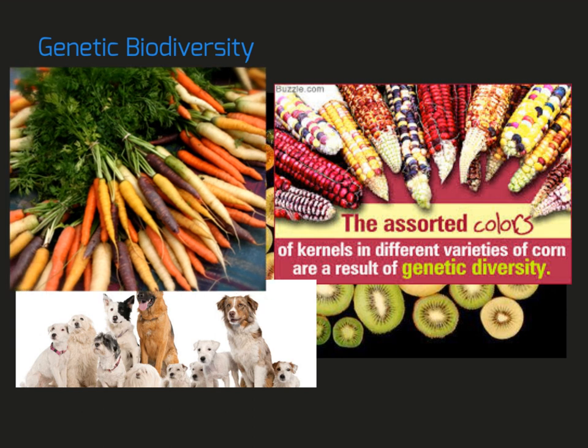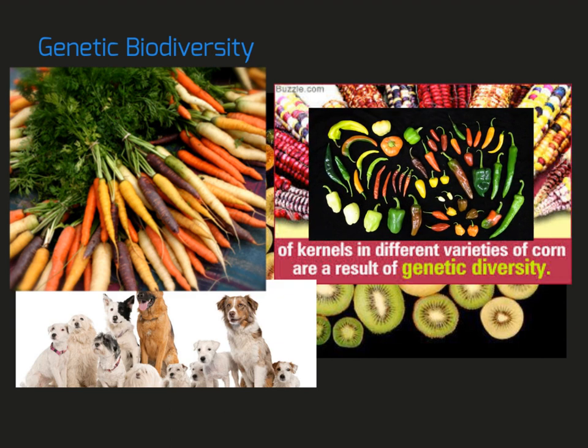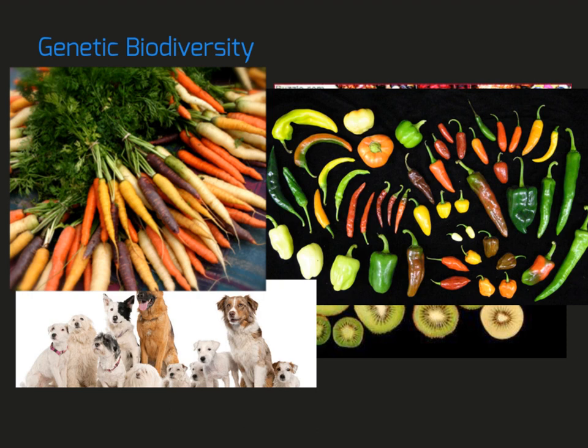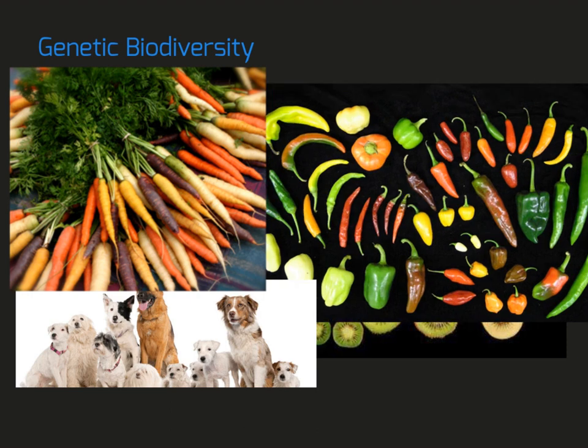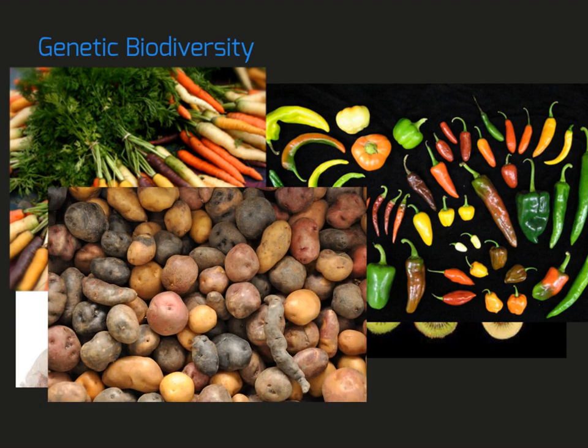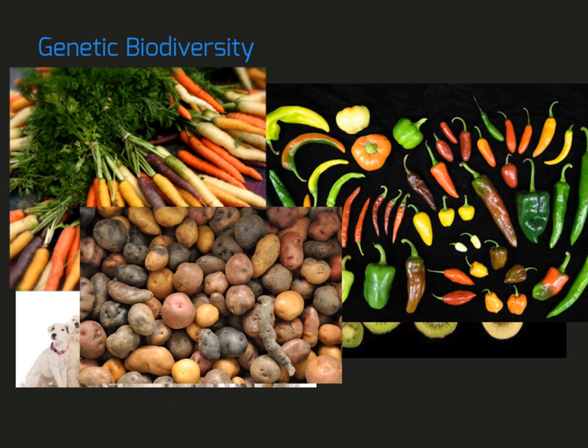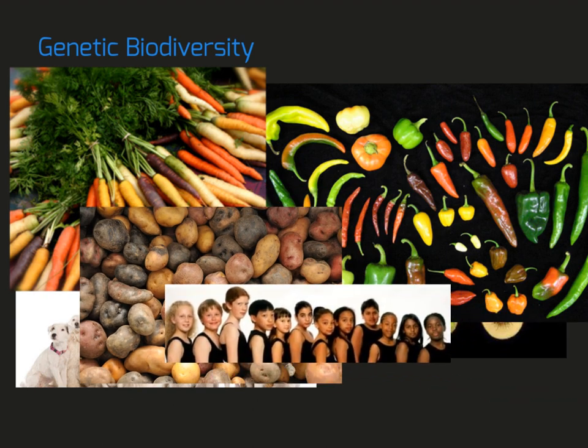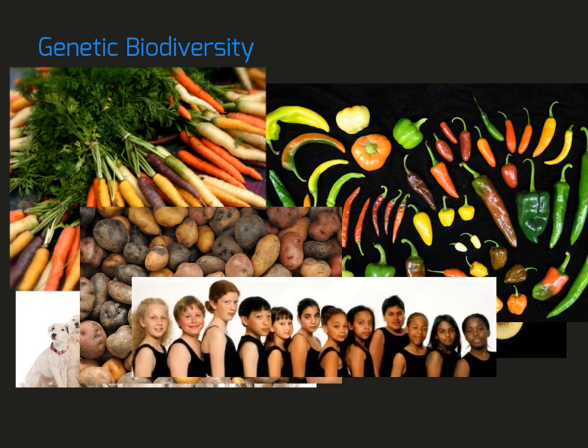I think that's amazing. And you've all seen a million different types of peppers before, right? Like, look at all these peppers. These are all examples of genetic diversity. Look at this one. Potatoes. Insane. Oh, and don't forget people.